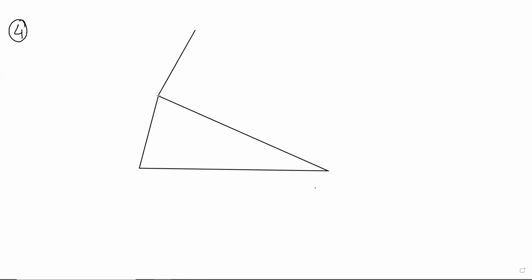This is an arbitrary triangle. This will not work.